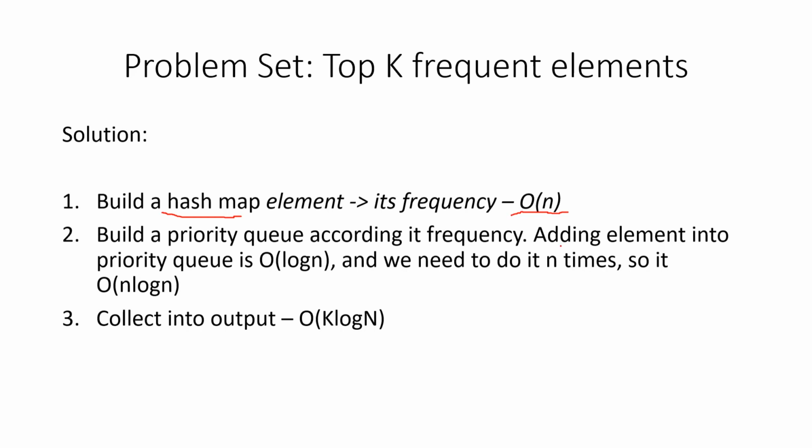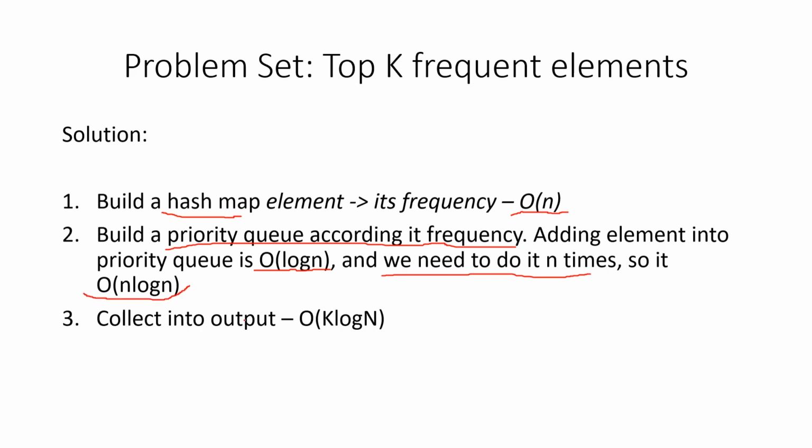In order to know that, we build the priority queue according to frequency. So we put every element into the priority queue according to its repetition. Adding an element into the priority queue takes O(log n) time complexity, and we need to do it n times, so building the priority queue from the hash map takes O(n log n).